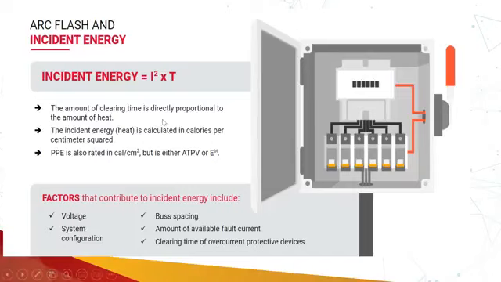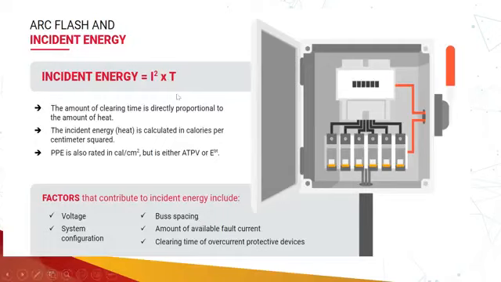Either I can play with decreasing this short circuit current in this particular location, or I can play with this fault clearance time. Changing this available fault current requires expensive solutions. So you will be installing a different type of electrical equipment, or you will be changing the network configuration, topology, etc.